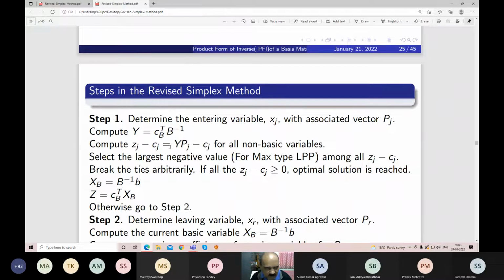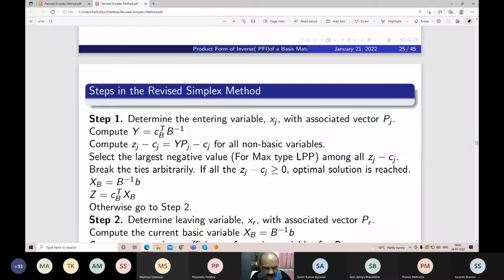The Zj minus Cj equal to y into Pj minus Cj. You compute this with respect to all the non-basic variables. There are two categories of variables, basic variables and non-basic variables. With respect to non-basic variables, we are computing Zj minus Cj. I will explain by means of some example.